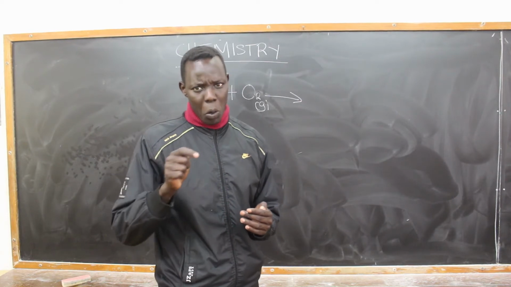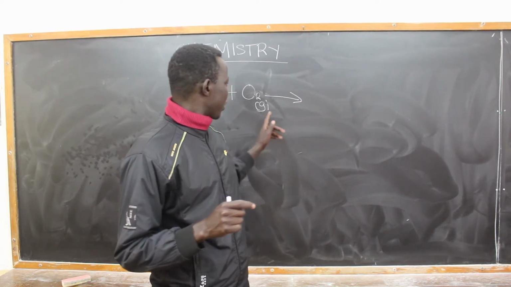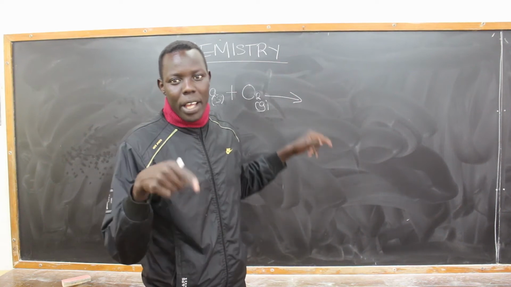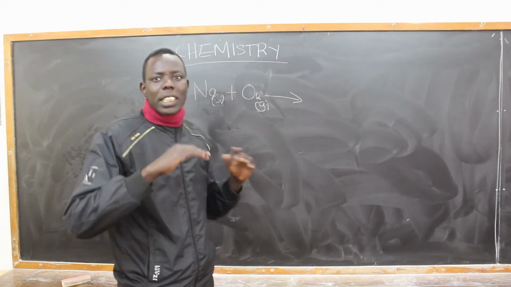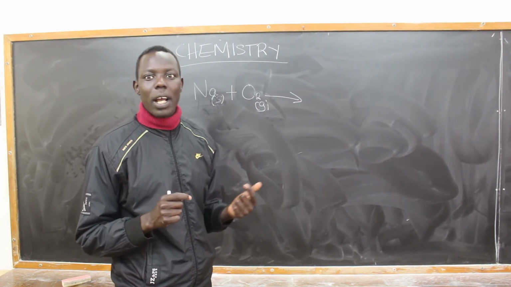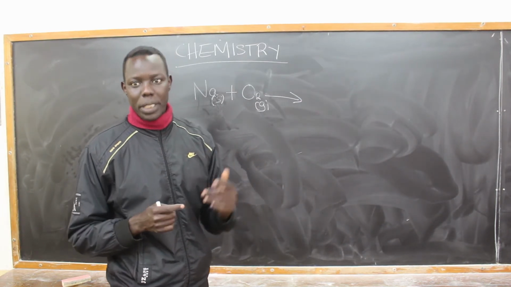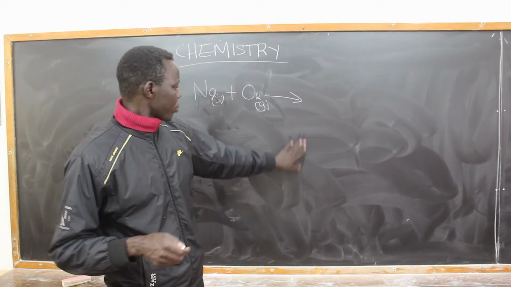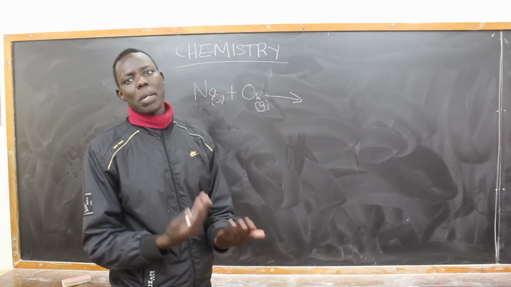They don't exist alone. So don't ever say sodium plus oxygen, then you write oxygen as just O. No, it's wrong. Oxygen is a molecule. So we have to write it when they are paired. It's like hydrogen. To give us now, let's project, sodium oxide, of course.